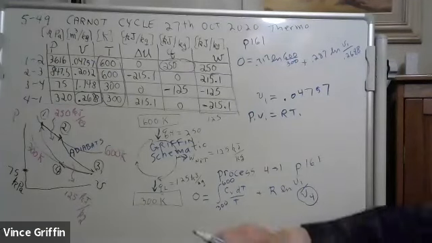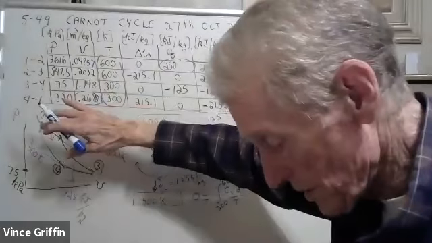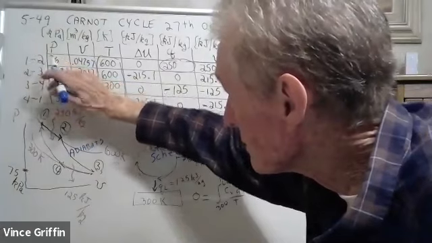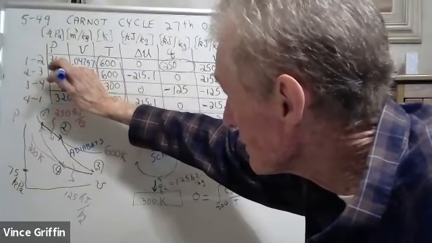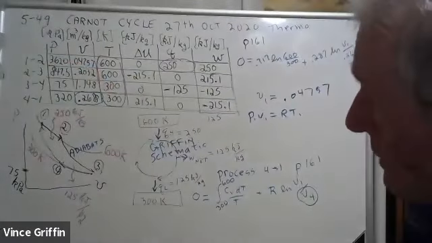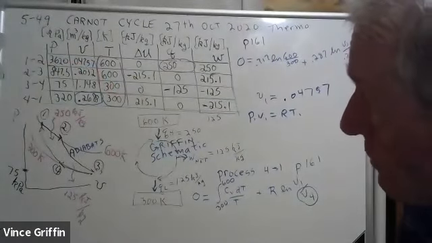It's more like 3620, isn't it? It's more like 3620. Mohammed, that's how you get the P1V1.